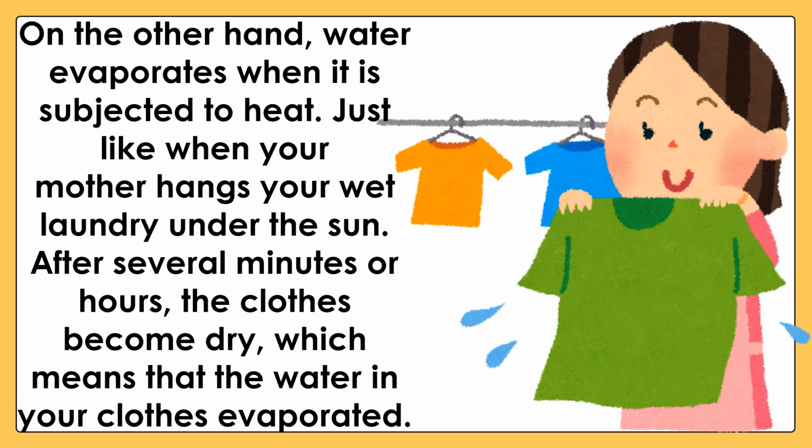On the other hand, water evaporates when it is subjected to heat, just like when your mother hangs your wet laundry under the sun. After several minutes or hours, the clothes become dry, which means that the water in your clothes evaporated.